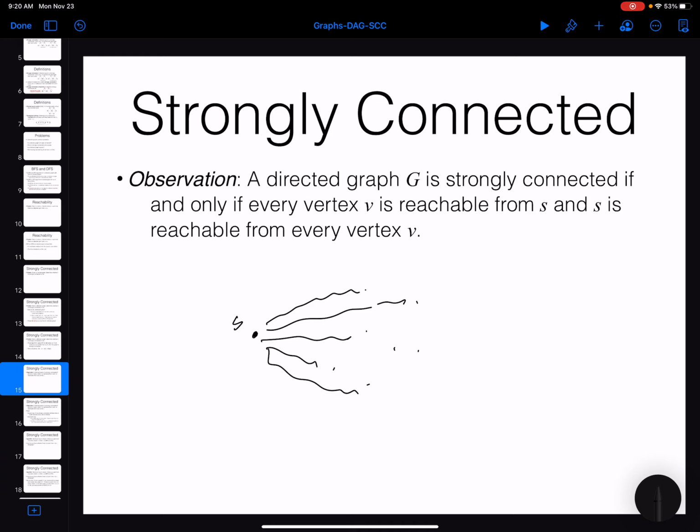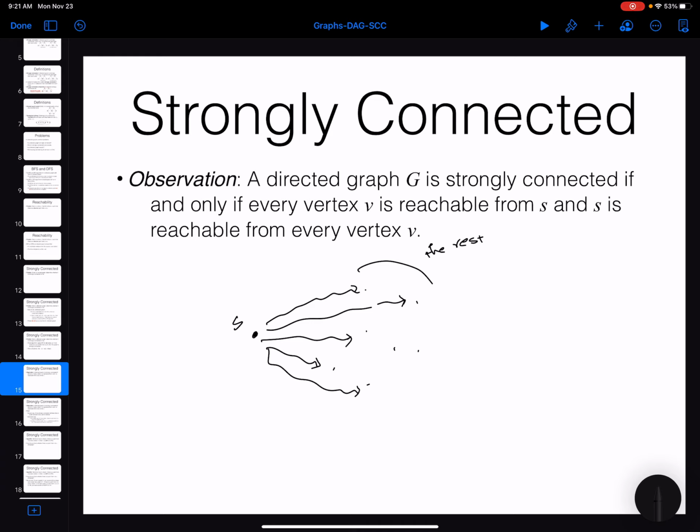Let's just call them the rest. And not only that, let me show you these paths. These are paths, not edges.